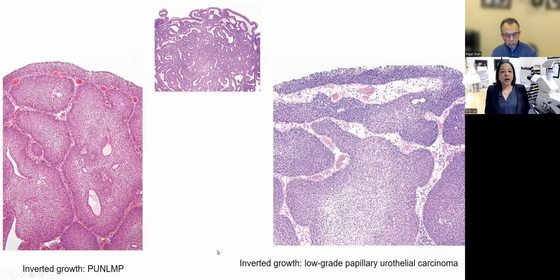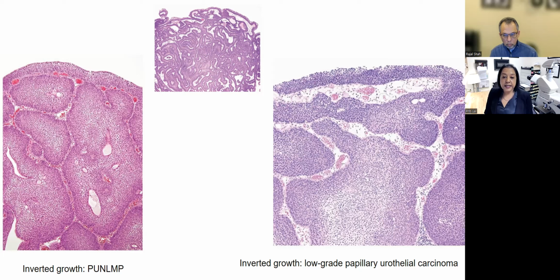Now, I would say making a differential diagnosis of PUNLMP and low grade in practice is really hard. So making the difference between inverted PUNLMP versus inverted low grade urothelial carcinoma is equally hard.